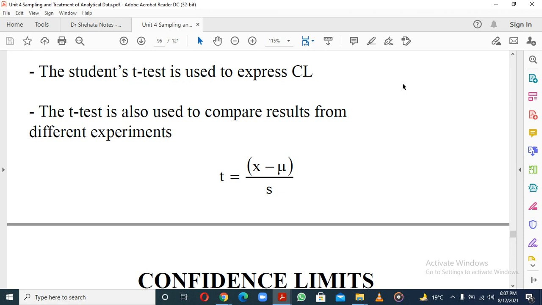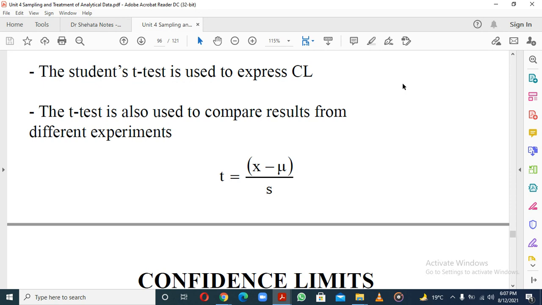So let's say I did an experiment and someone else did an experiment, and I find my percentage to be 2.5, and someone else finds 2.7. Then we are trying to compare our results, because you can't just say Steven's results are wrong or Steven's results are accurate. No, you need to have a test that is not going to be biased in any particular form, so which is going to be unbiased. So that's why we would want to use a student's t-test.